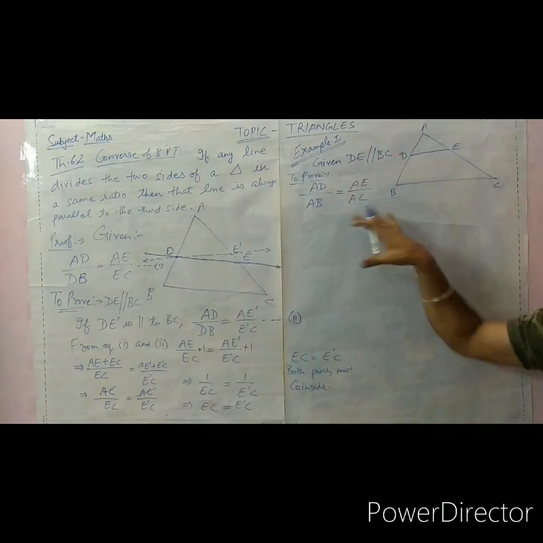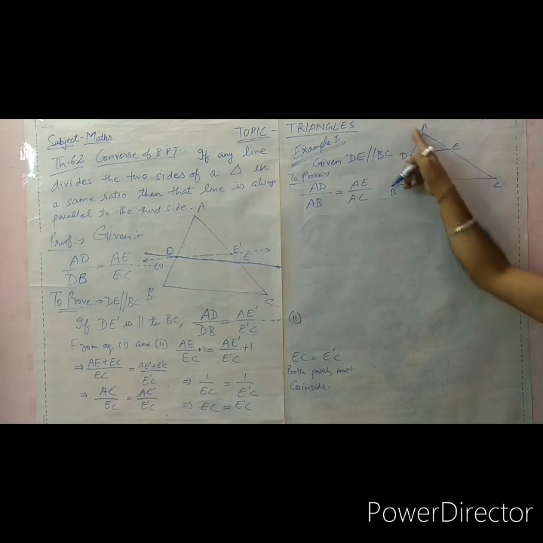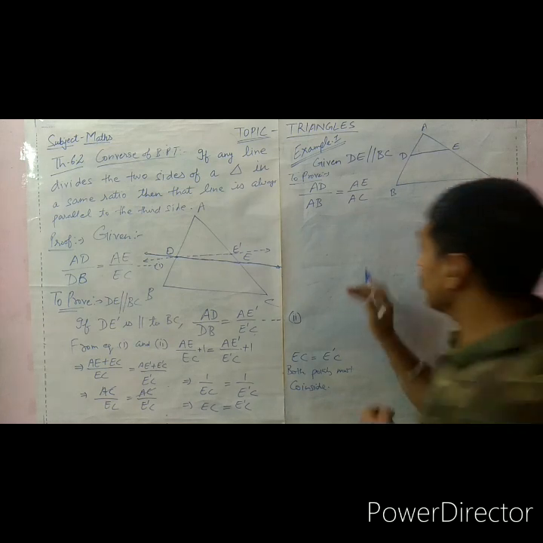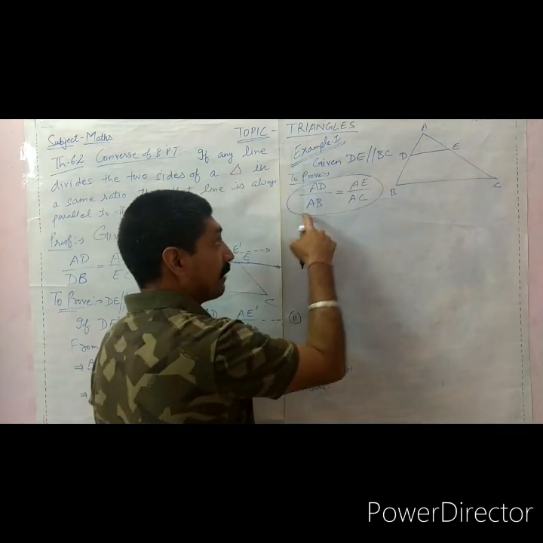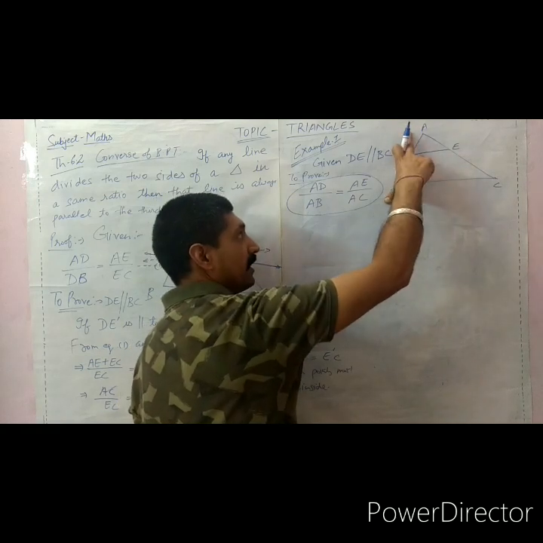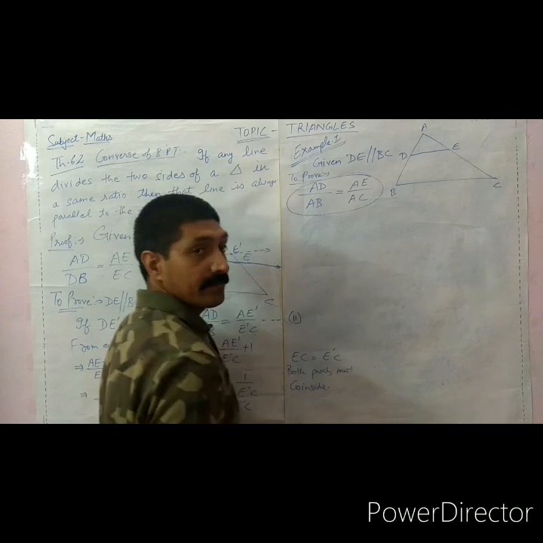So I will discuss in detail the other concepts here by BPT. The Basic Proportionality Theorem says that if DE is parallel to BC, then AD upon DB is equal to AE upon EC. Here we want to prove AD upon AB equals AE upon AC.